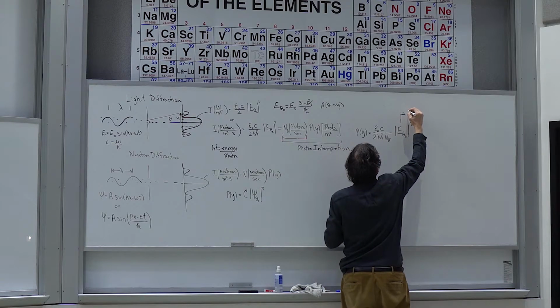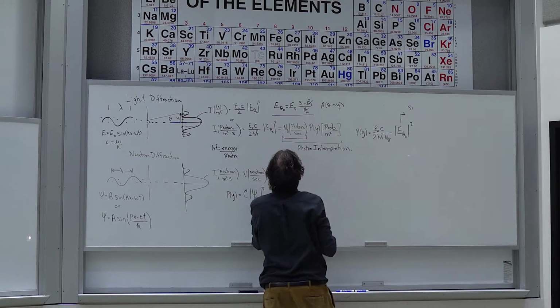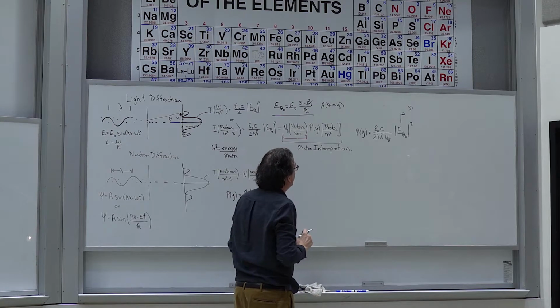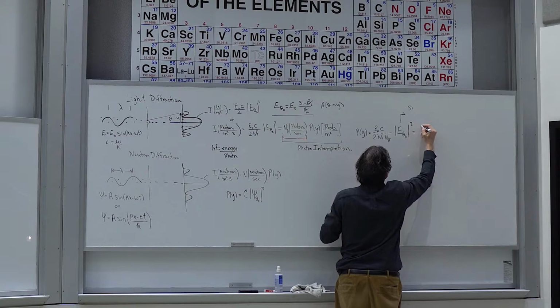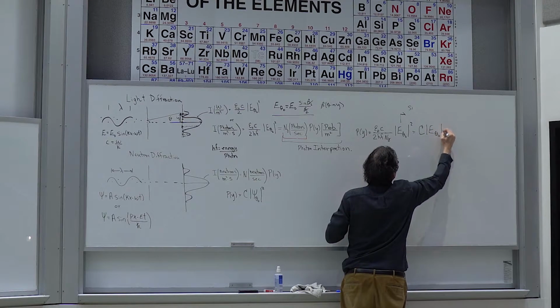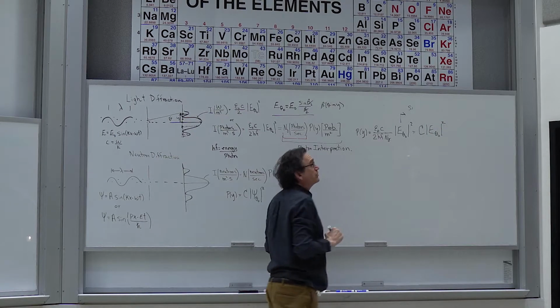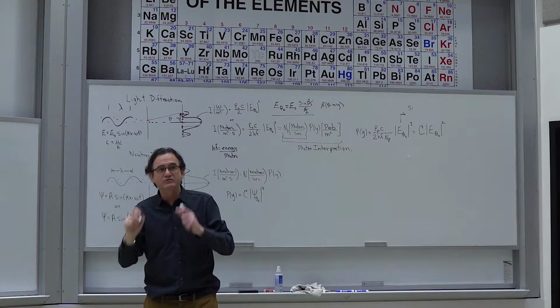Remember, this was equal to sine, it's right here, and beta is a function of y. So this is a big constant, C, times the square of the electric field amplitude. That's the probability of finding a photon at a given location y on the screen.